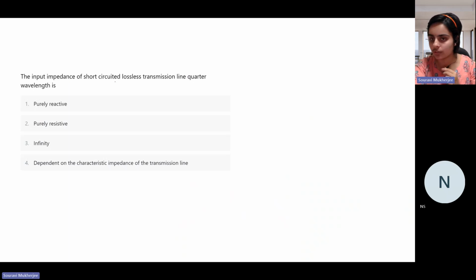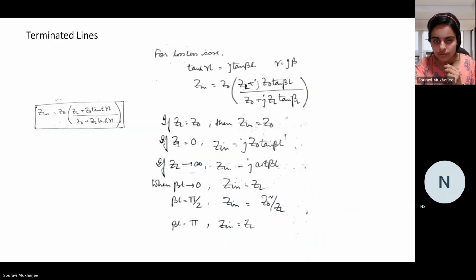Short-circuited means ZL is equal to 0. And then you want to find the input impedance when beta L is equal to this, right? So then this is your expression, correct?